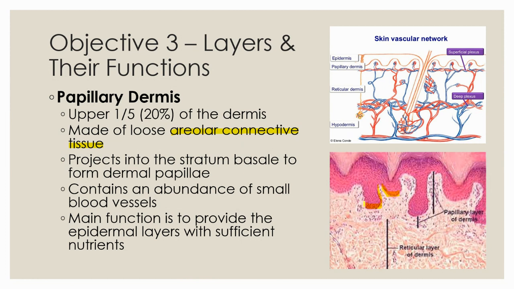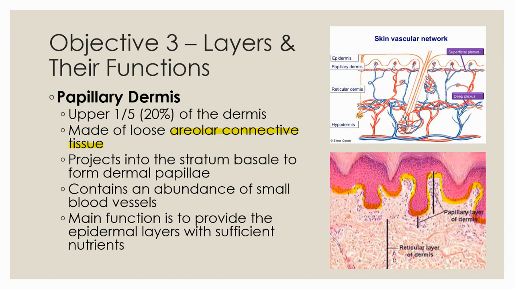The way they're connected creates these little extensions called the papillae. It also increases surface area. Anytime you have foldings or extensions like this, it increases surface area, and that makes a tighter, more well-bonded connection between your dermis and your epidermis. There's more room for that connection.